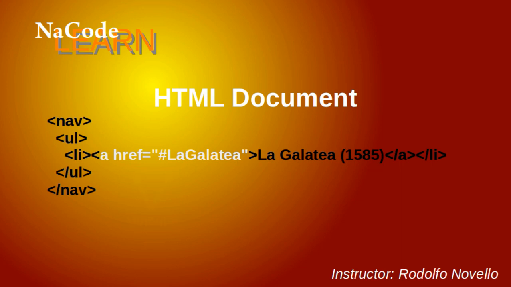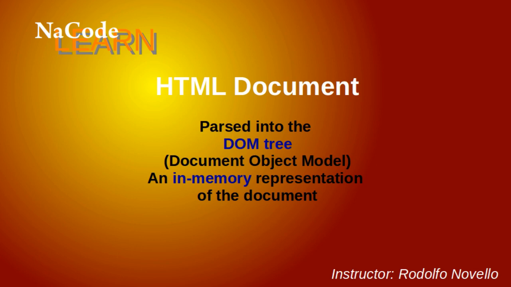Also, we saw that attributes are name-value pairs separated by an equal sign and placed inside the start tag of the element. The web browser parses this markup and converts it into an in-memory representation of the document, which we call a DOM, which stands for Document Object Model Tree.